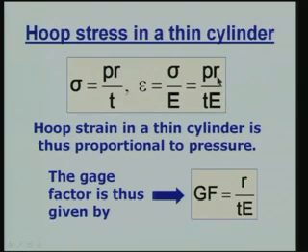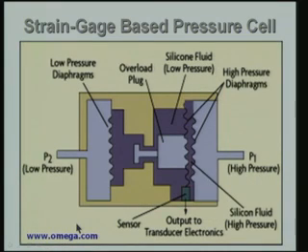So, I can say that this R by TE is the gauge factor, which I call GF. The gauge factor is simply given by the radius of the tube divided by the thickness of the cylinder divided by the Young's modulus. So, this is basically the way we are going to use the instrument to measure the pressure.